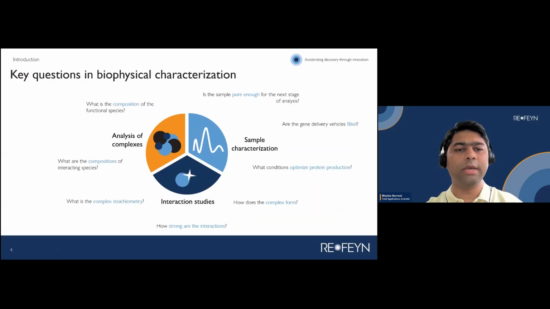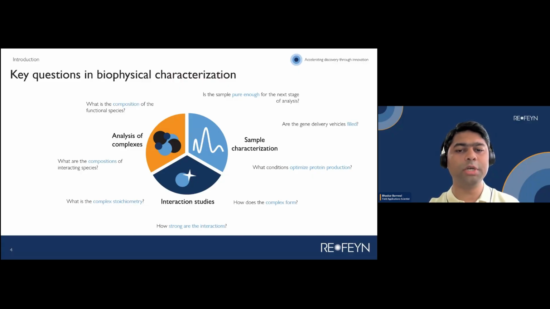Biophysical characterization aims to answer questions about the fundamental nature of biomolecular behaviors, and these questions broadly encapsulate three areas. Sample characterization, where we are considering the sample as a whole; analysis of complexes, where the focus is on deriving structural information about a particular species within that sample; and interaction studies, where the area of interest is how a particular species interacts with others within the sample.